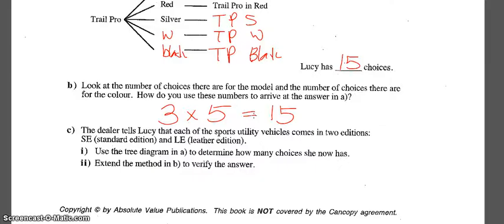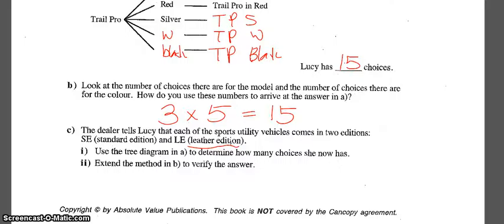Now, extending on this, each SUV can also come with 2 editions. You can have the standard edition or the leather edition. Like on a hot summer day, you don't want to sit on a leather seat. It's very hot.